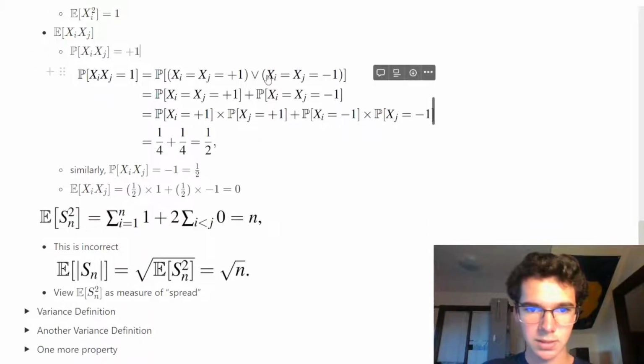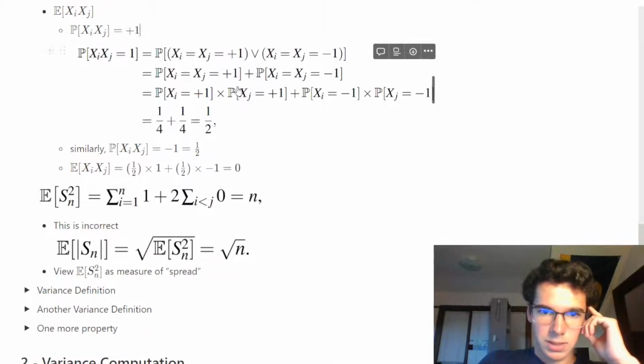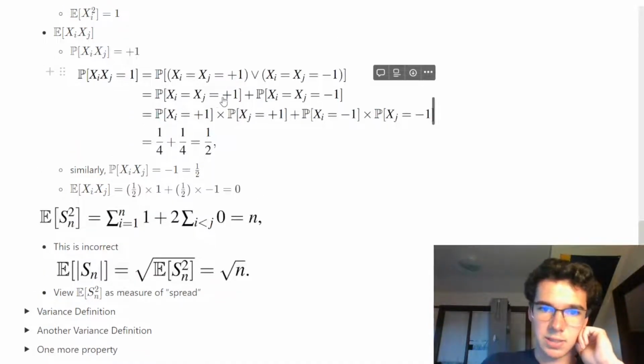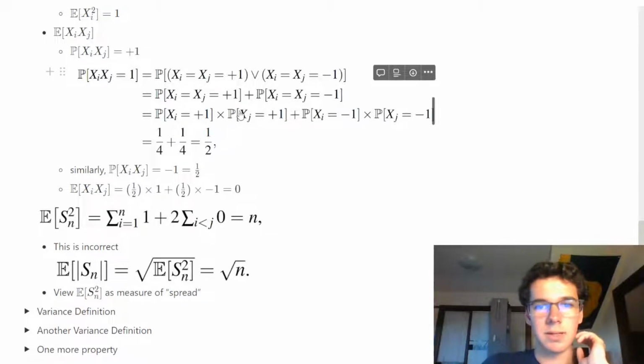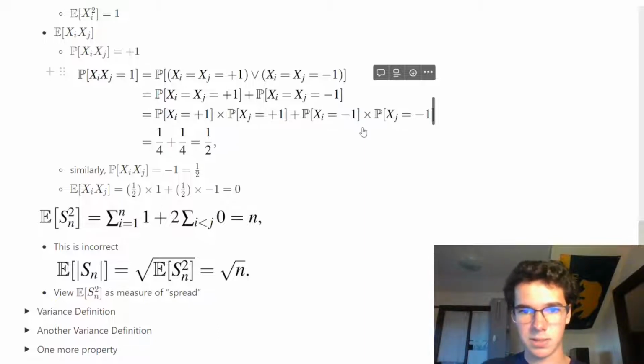If we're ORing the probability of two different things, we can simply add their respective probabilities. For the probability that X_i equals X_j equals 1, we need the probability that X_i is 1, multiplied by the probability that X_j is 1. Half times half is 1/4, and for the negative case, half times half is 1/4. So we have a 1/2 chance.